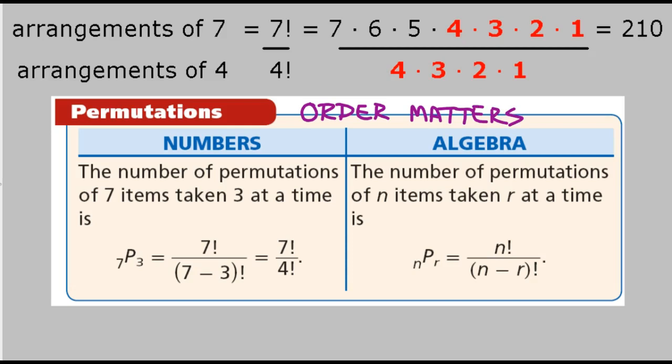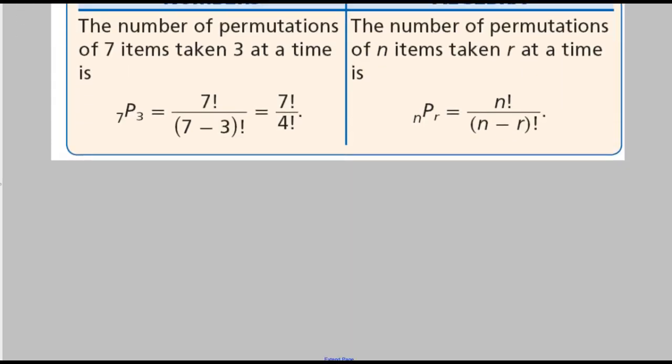Let's say, how many people are in this room right now? 8. So there's 8 people in this class right now. What if I said, I'm going to take 3 of you, and let's say we have this row of desks right here.